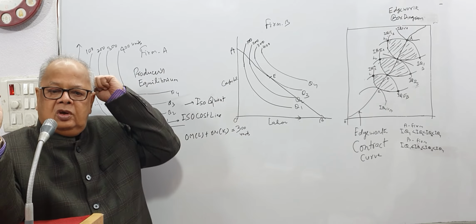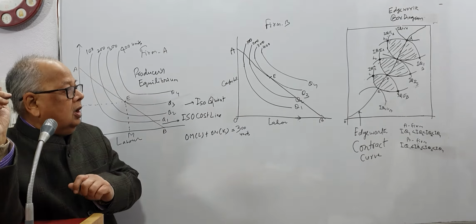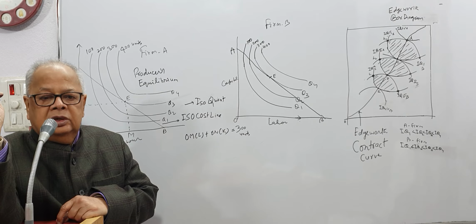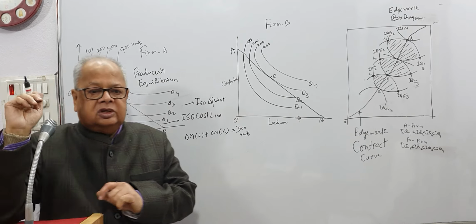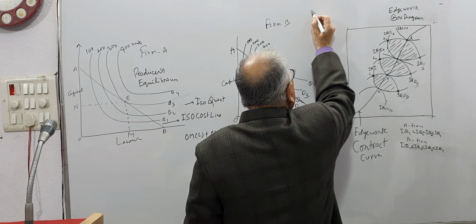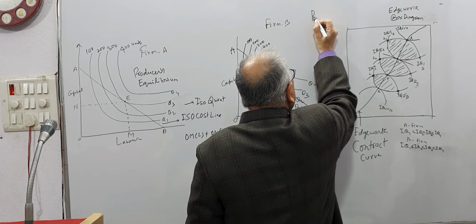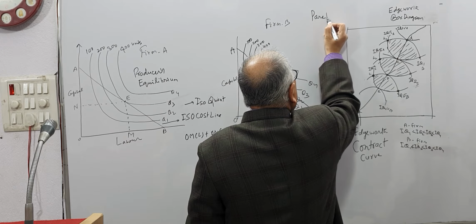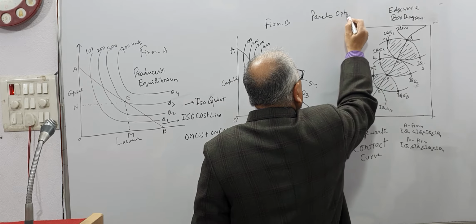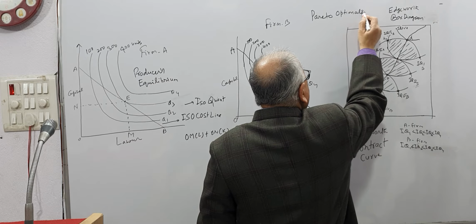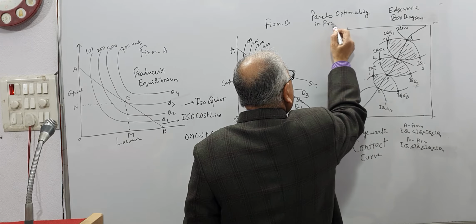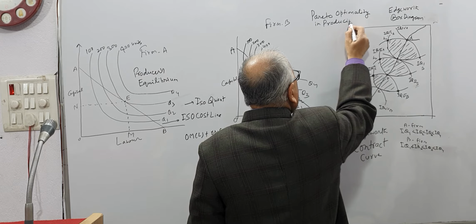So in case of Pareto efficiency to be obtained in the producing sector, we require this condition, and therefore we can say Pareto optimality in the producing sector.